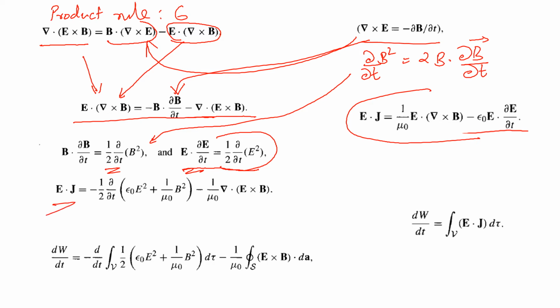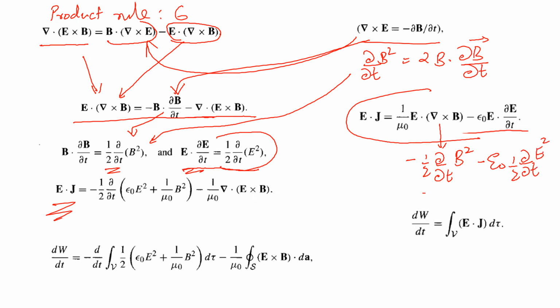So we can write E dot J. Now instead of E dot del cross B, what we can write is minus B dot dou B by dou T, and instead of that we can write a half. So, E dot del cross B can be written as minus 1 by 2 dou by dou T of B square, minus epsilon 0 E dot dou E by dou T, which is half dou by dou T of E square.